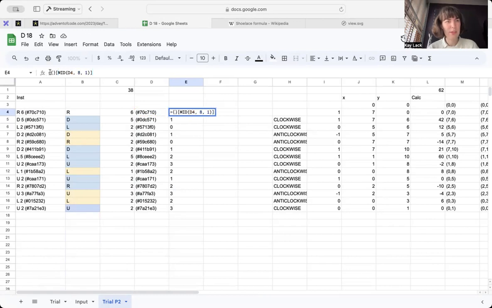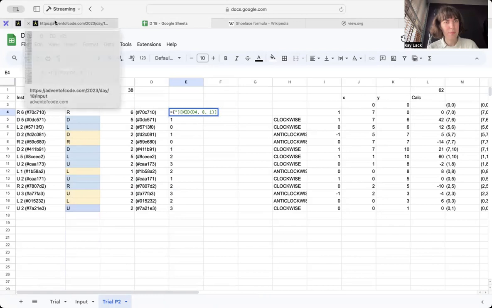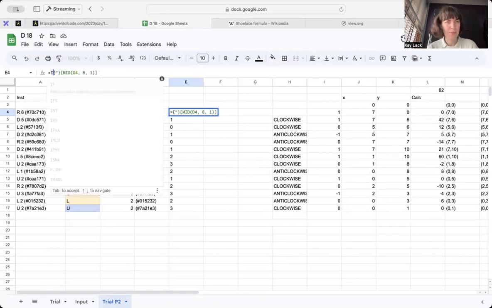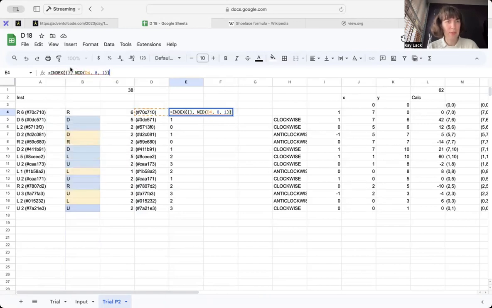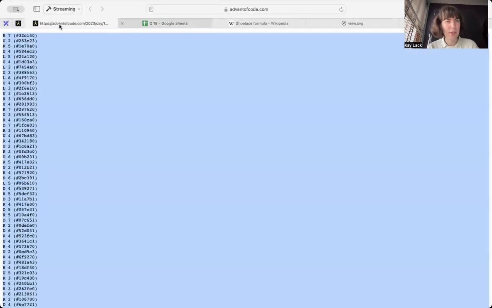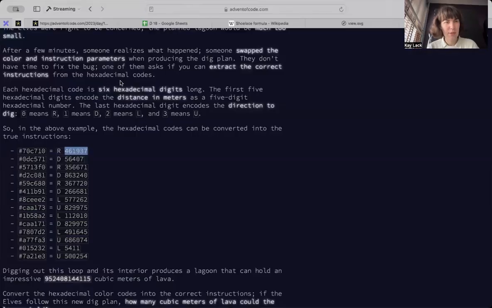can you index into things here? Yeah, we can do this, right? So this is going to be, what is it? RDLU.